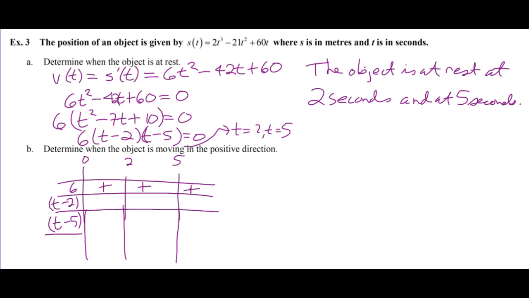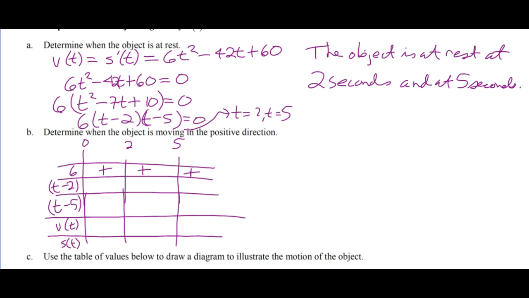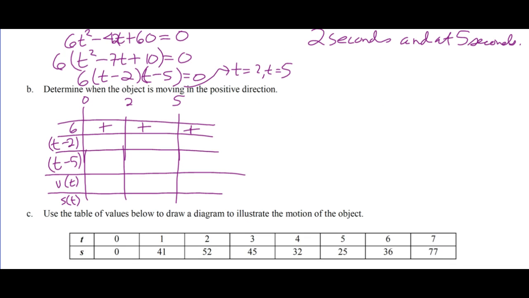If I take those all together, I'm going to get a velocity, v of t, which is going to tell me something about the displacement, which is s of t. Okay, so 6 is always positive. For t minus 2, if t is a number like 1, 1 minus 2 is negative. A number like 4, 4 minus 2 is positive. And t minus 5, if I subtract 5.